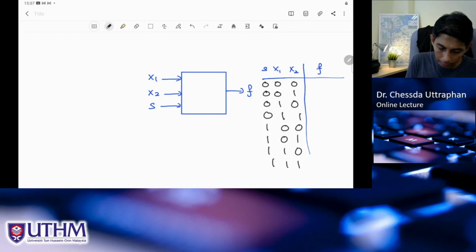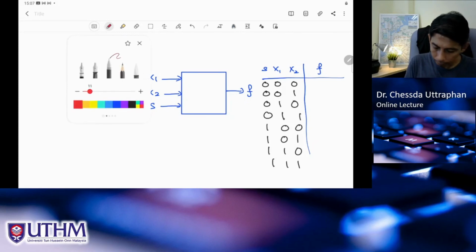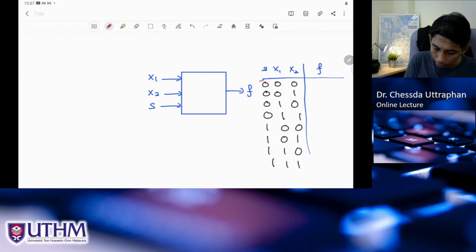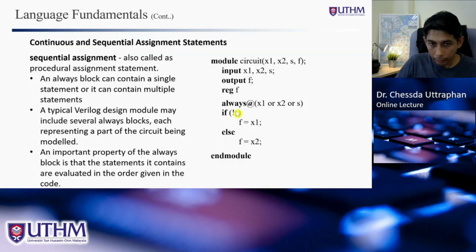And let's see, the behavior is like this. If s equals 0, the output f must be equal to x1.